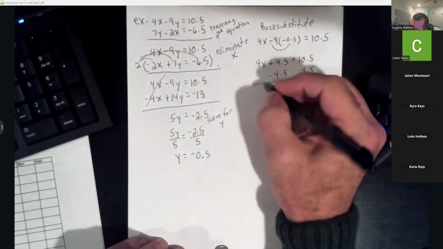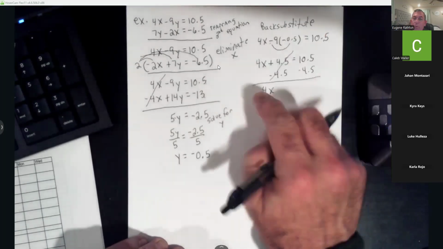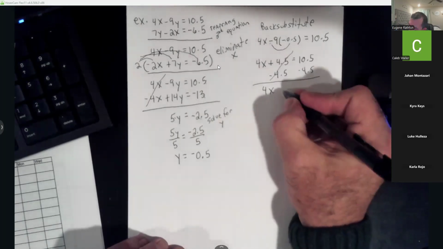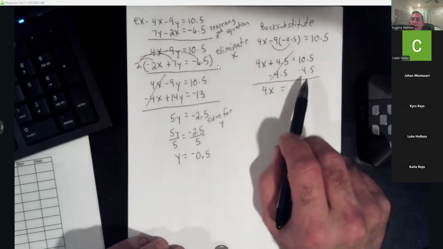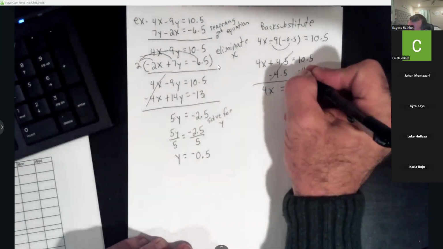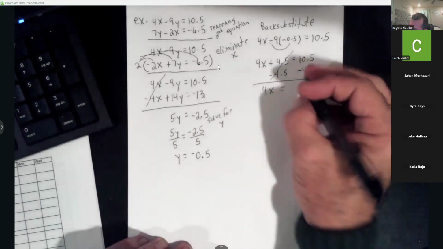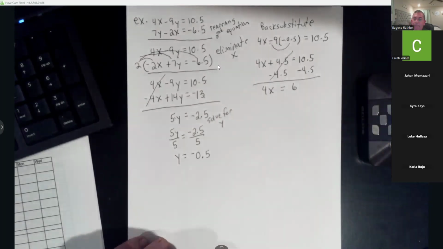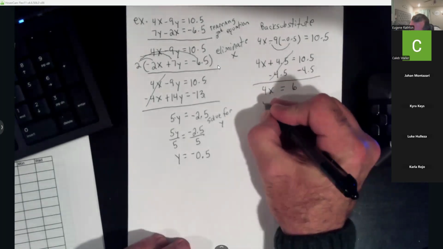So y'all look at that. The 4x will come down. The 4.5, -4.5 cancel on this side. All right, so let's see. 10.5 minus 4.5. So that's what, an even 6. And all right, y'all. Divide both sides by 4.